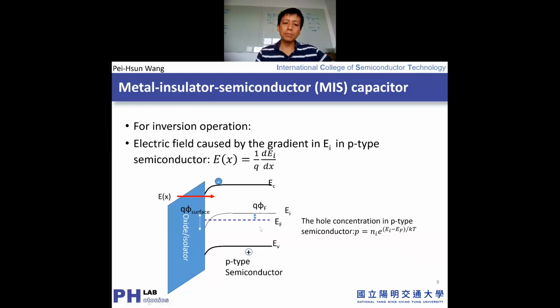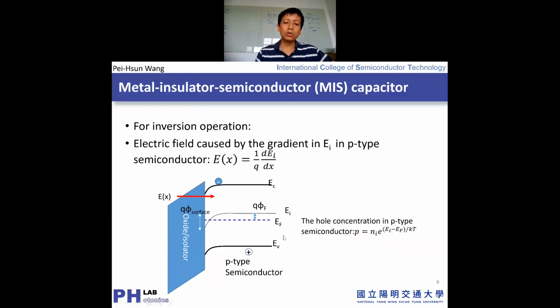However, if you have a highly doped p-type semiconductor, the Fermi level will go further down close to the valence band of this semiconductor region. You get a large difference between E_i minus E_F, which suggests you get more population in the hole concentration.